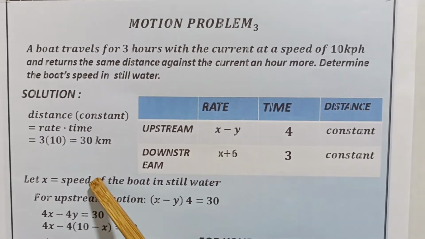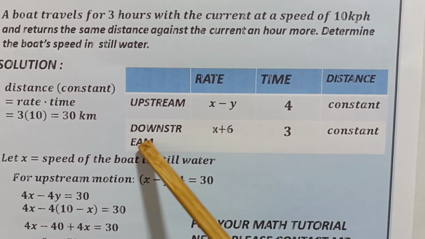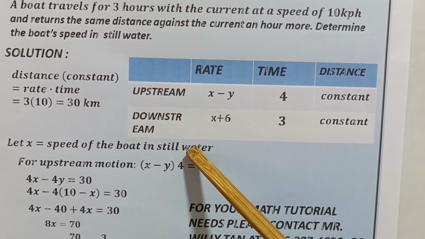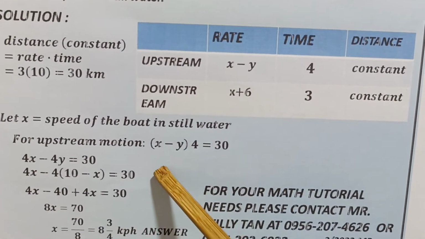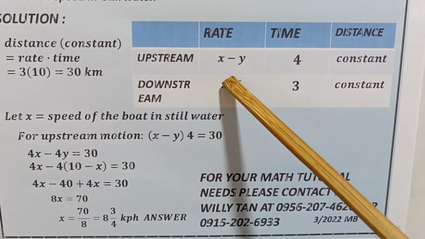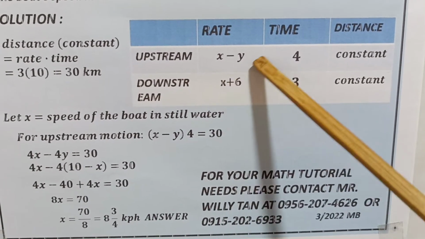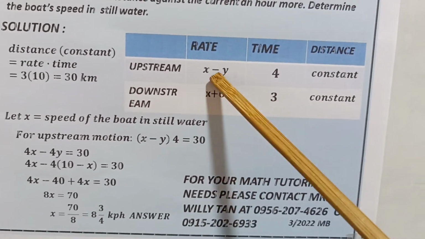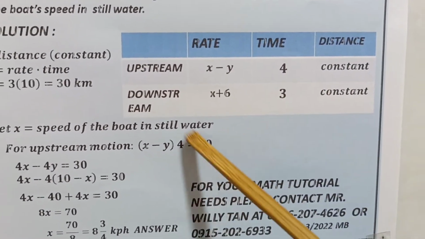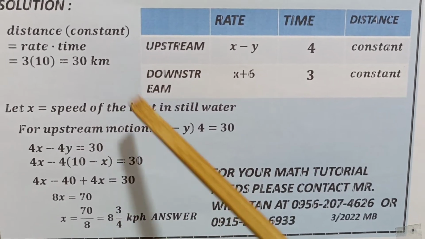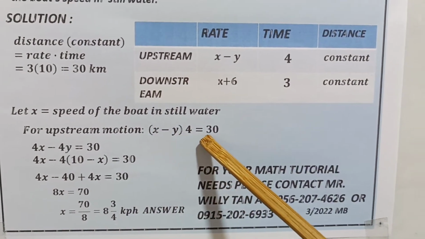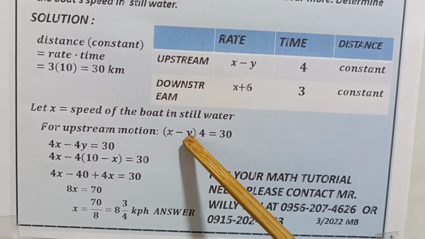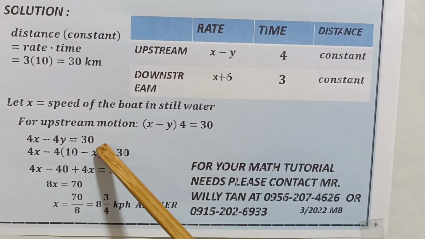Again, we're going to solve for the value of x here. We let x be the speed of the boat in still water. For upstream, the distance is equal to the quantity x minus y times 4, that is equal to 30. We equate the distance to this upstream distance. So we distribute 4, we get 4x minus 4y is equal to 30.